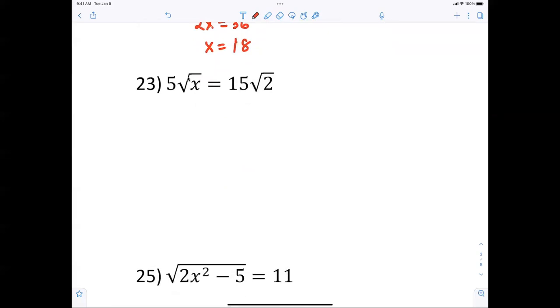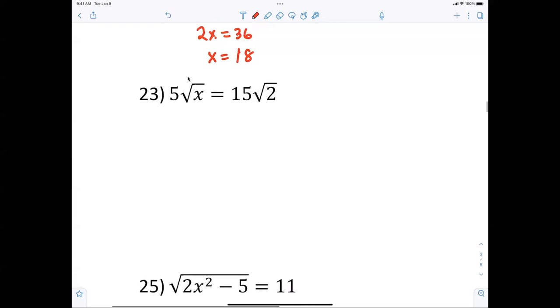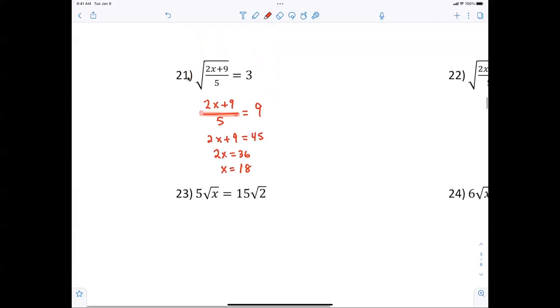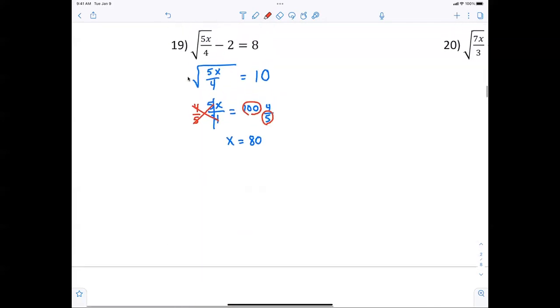So why do you multiply by 5? Because I'm undoing dividing by 5. Why wouldn't you do it like number 19 where it's 5x over 4?